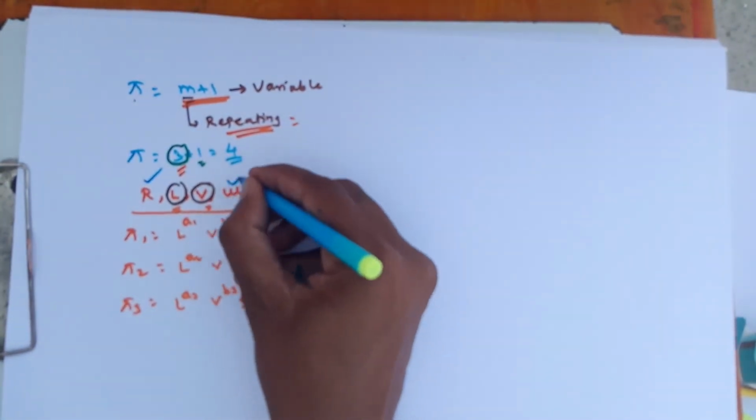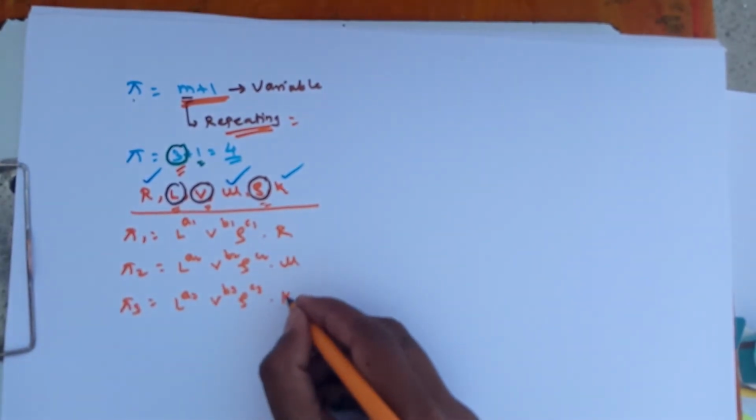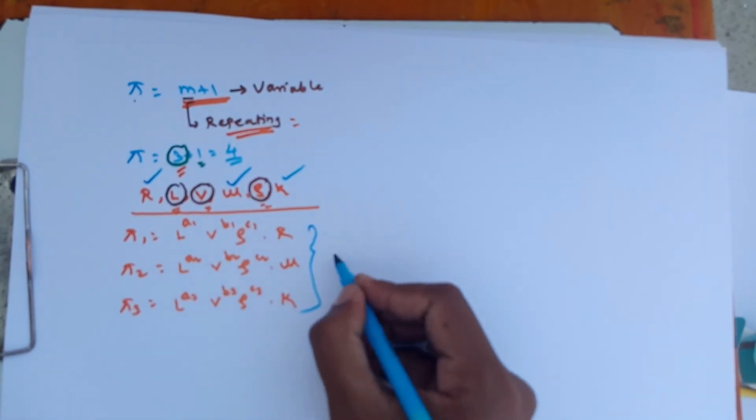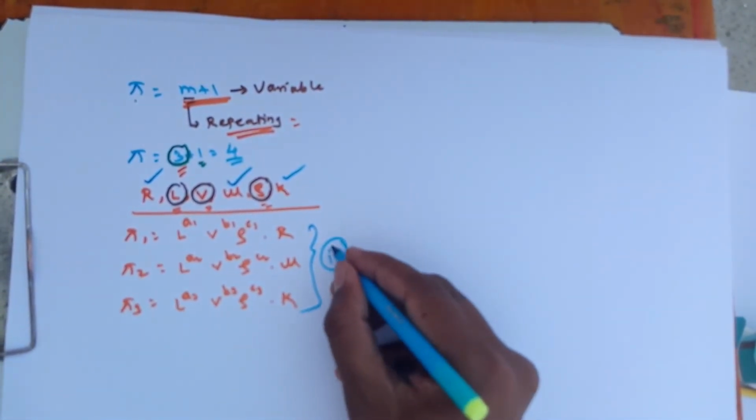The second pi term will consist of the second non-repeating term, that is nothing but mu. And the third pi term will consist of the third non-repeating term, that is nothing but k. So whatever these three pi terms are, that can be considered as our equation number 4.